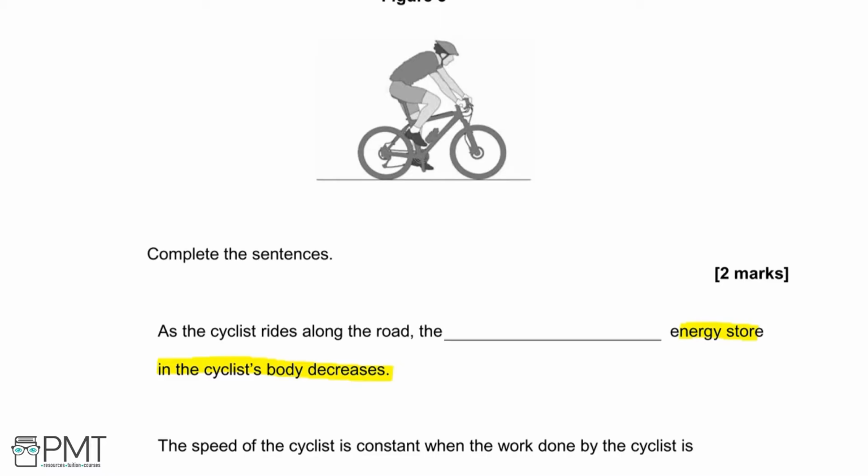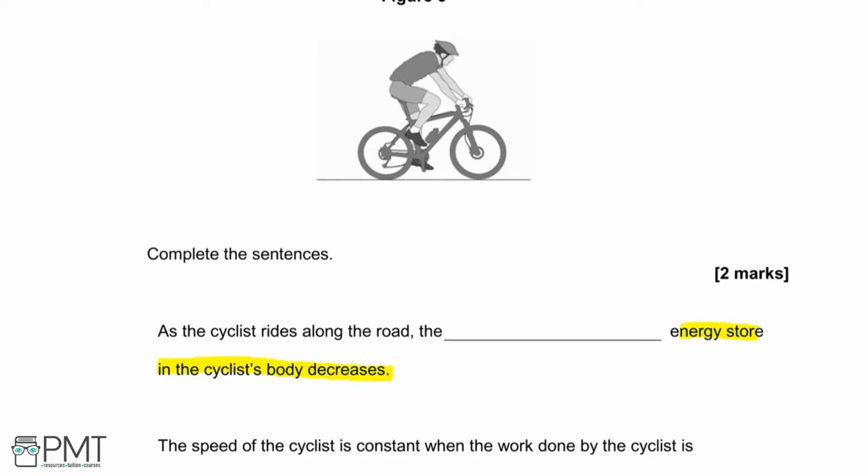And it's also being transferred to the kinetic energy store of the bike, which is increasing until the bike is travelling at that constant speed. So what's happening is energy is being transferred from the man's body. But what energy store is this in his body? When his muscles are doing work, he's pushing against the pedals, and that's increasing the kinetic energy of the bike.